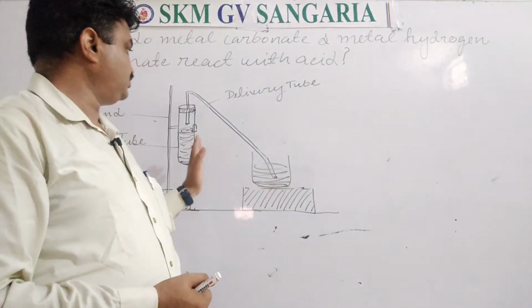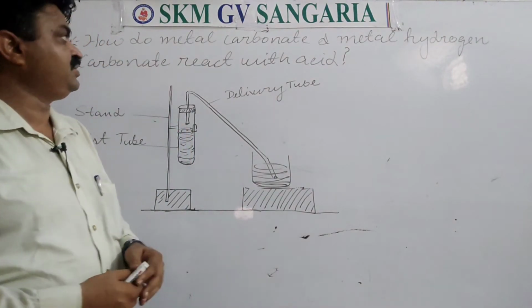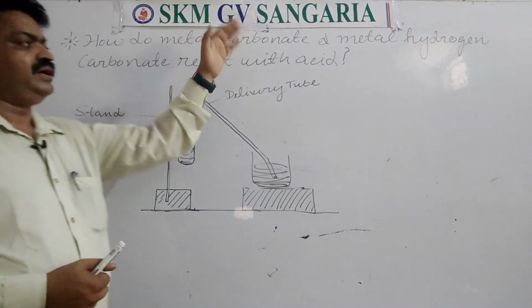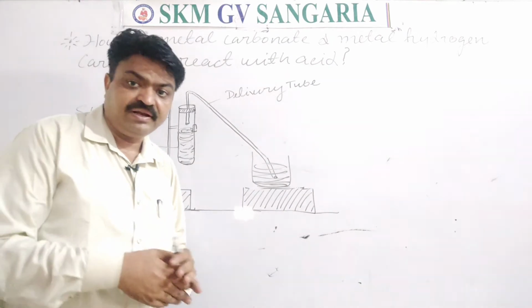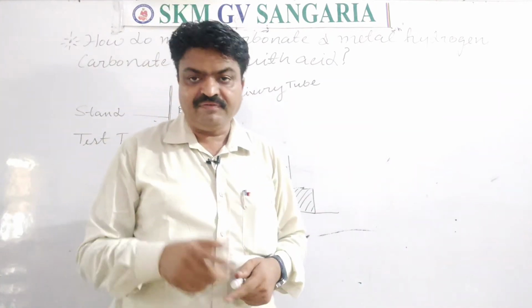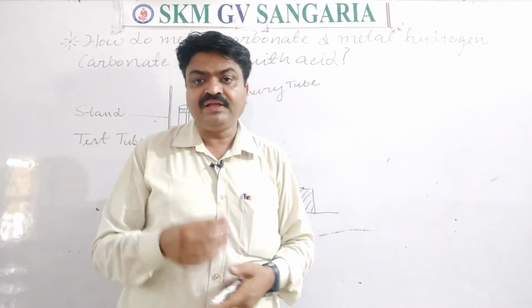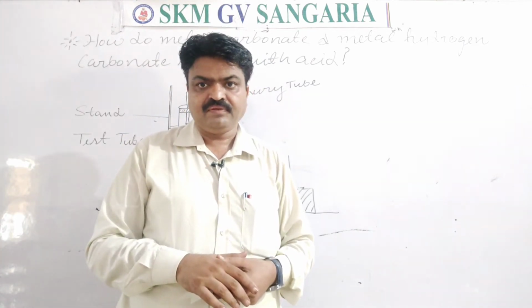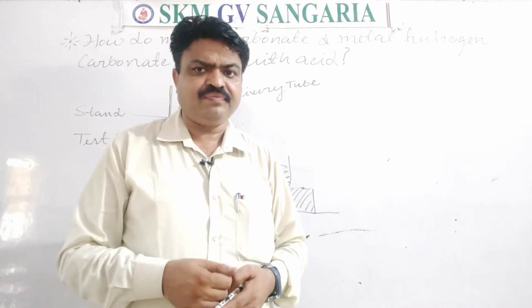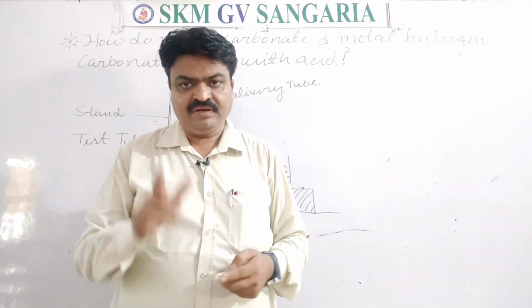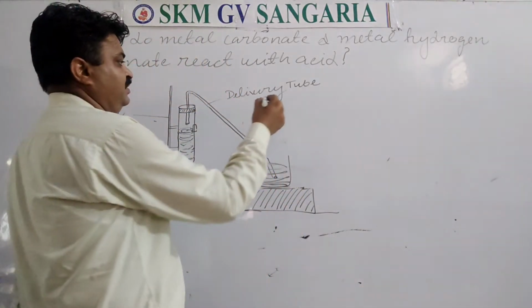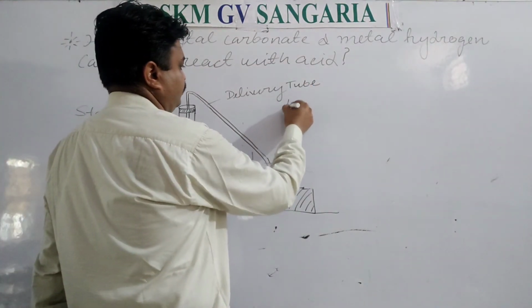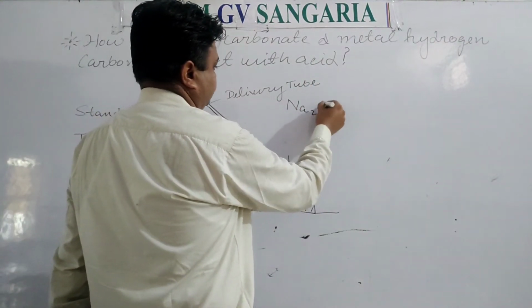Their aqueous solutions can react with acid. And when they react with the acid, they produce salt, carbon dioxide and water. Like the first example given in your book, Na2CO3.